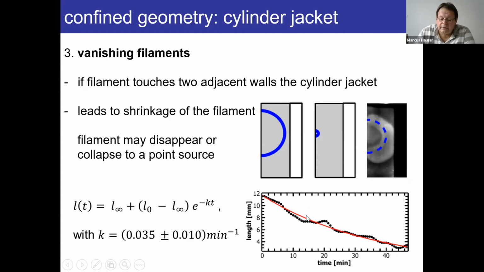It's not that nicely done, because we have only the outer wall to reconstruct from and there the error is a little bit bigger, but nevertheless we can fit it by the exponential laws, and we get more or less the same kind of data, saying this is something which can happen.